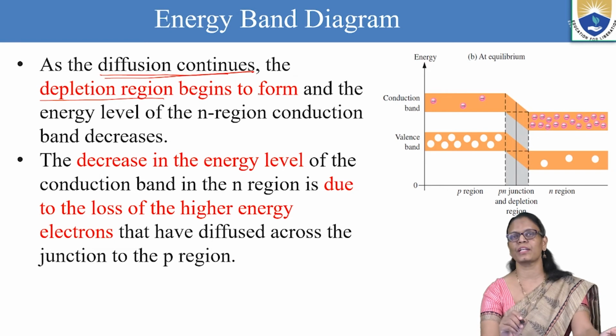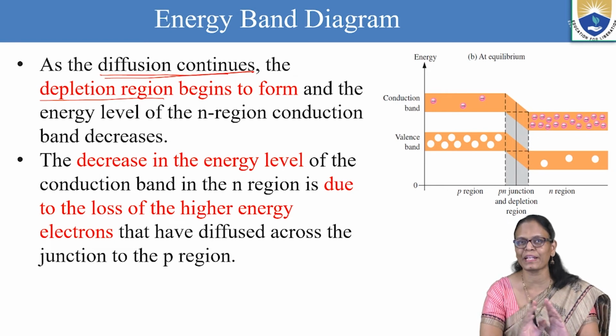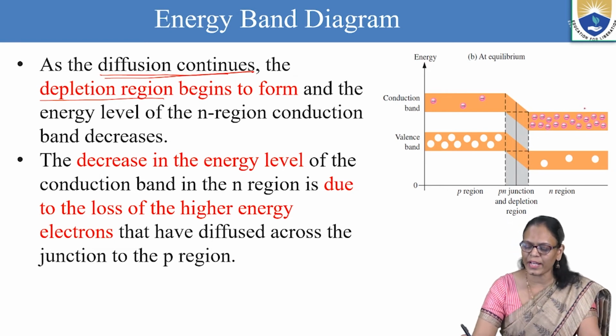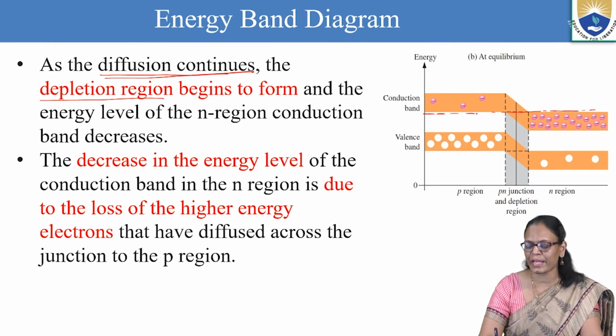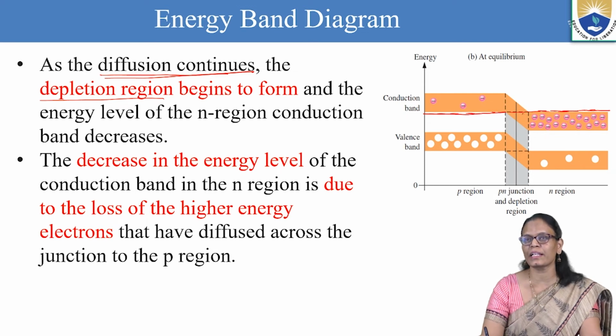What is a depletion layer here? A region that is depleted of charges. Most of the electrons in the overlap region have moved to the P region. If you see in this diagram, once the diffusion is complete, there is no more overlap. The electrons from the N side have diffused into the P type and lost their energy, falling into the P type.